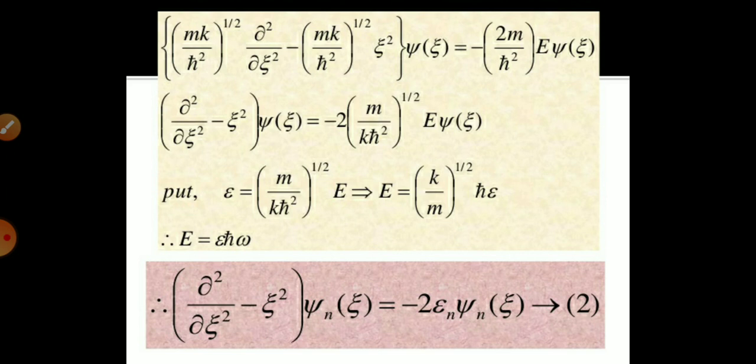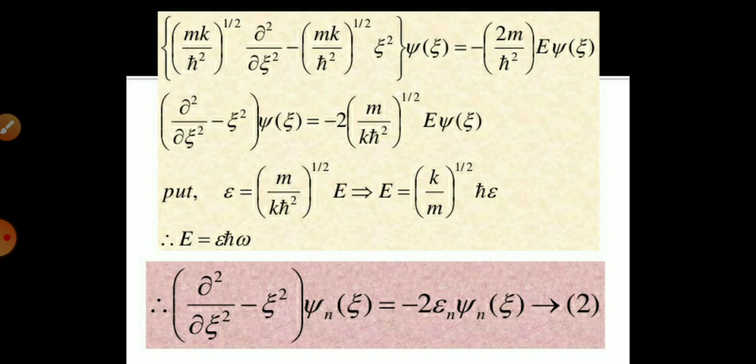Now in the above equation (mk by h square) to the power 1 by 2 is common, and we will get del square by del epsilon square psi(epsilon) minus epsilon square psi(epsilon) equals minus 2 (m by k h square) to the power 1 by 2 E psi(epsilon). Now put epsilon equals (E by h omega) where omega is (k by m) to the power 1 by 2.